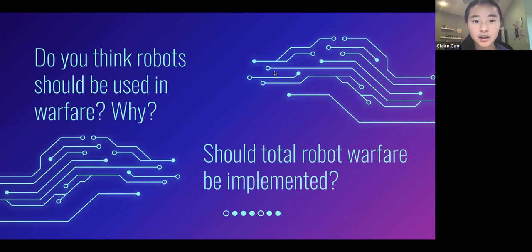If you guys are familiar with World War I and World War II, that was essentially how those two wars were fought. They were both wars of attrition, which means that they weren't wars of who fought each other. Well, definitely there was fighting happening, but it was more about who could produce more, who could get more soldiers, who could mobilize their troops better, who could get more resources, who could produce more money.